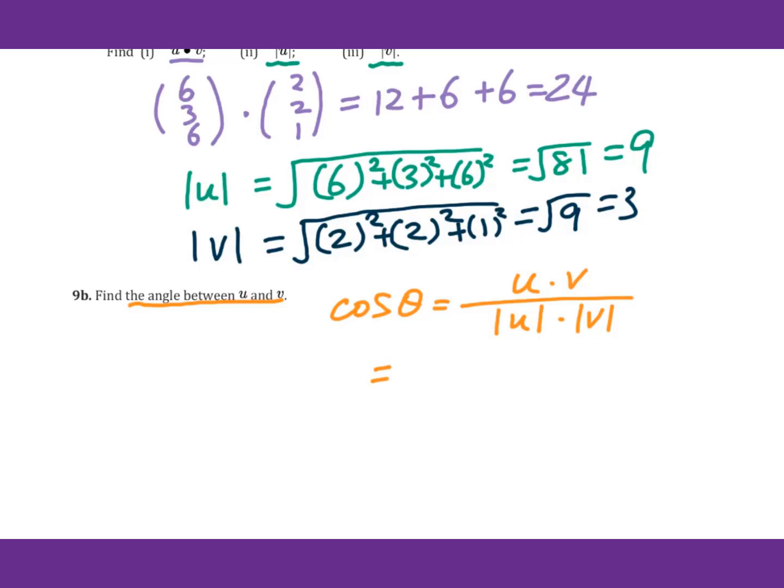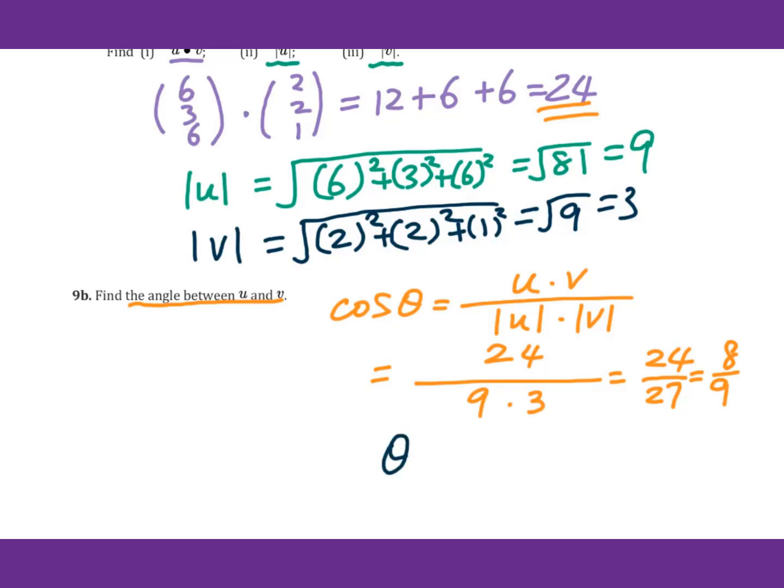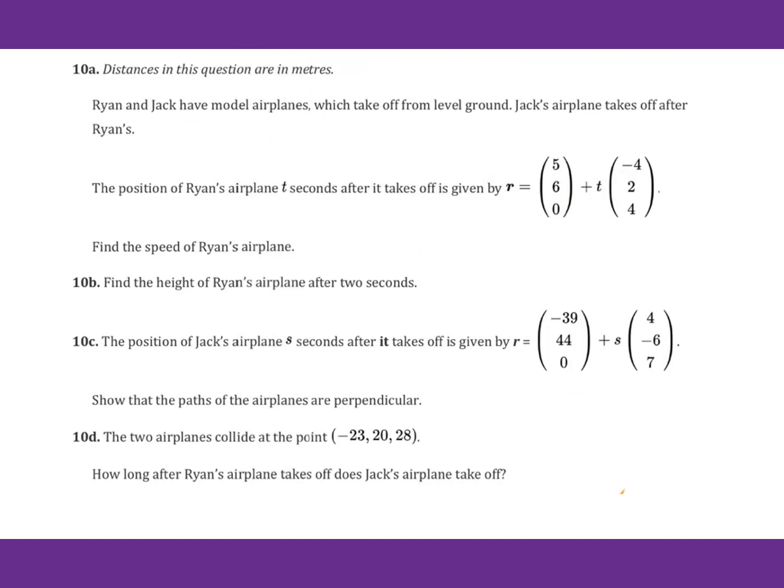We just need to plug in because we already figured out the dot product here, 24. Over 9 times 3, you get 24 over 27. Reduce, you will get 8 over 9. Put into calculator, theta equals 27.3 degrees.